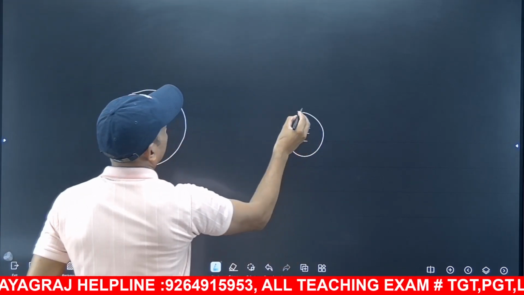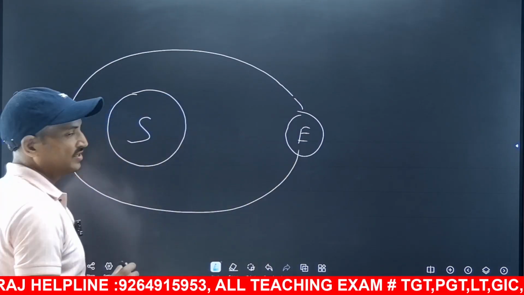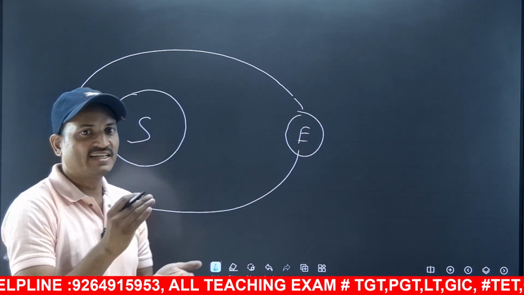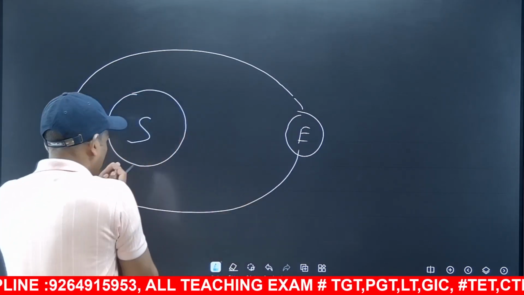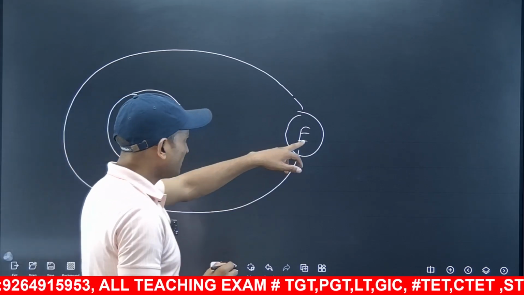Our Earth revolves around the sun in an elliptical orbit. So the distance between the Earth and sun is not constant. It keeps on changing because of the elliptical nature of the orbit.